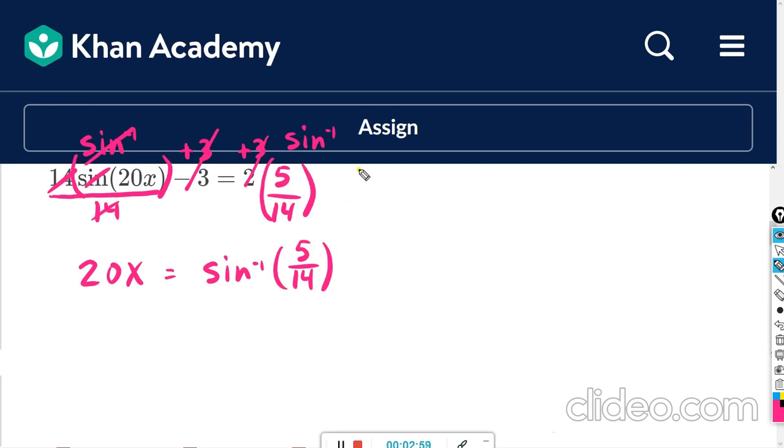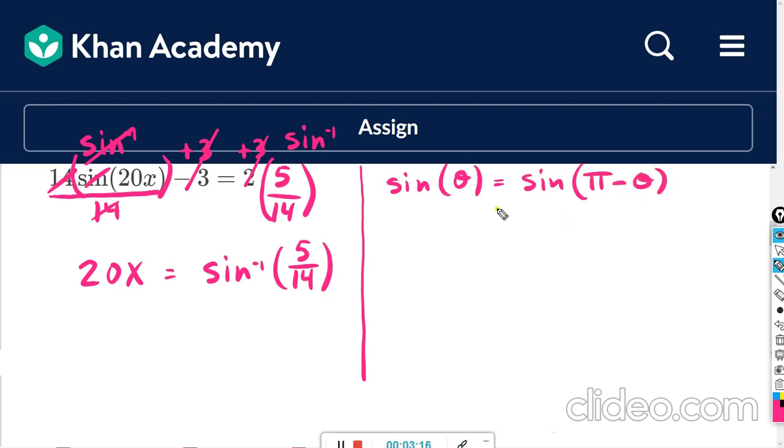Now, if you recall in the beginning, we said that the sine of an angle theta is equivalent to the sine of an angle pi minus theta.